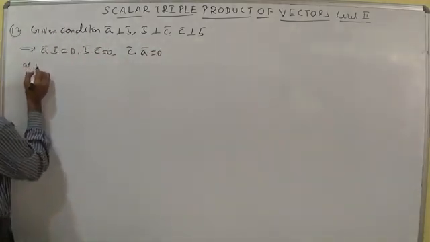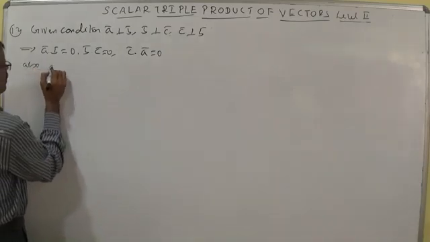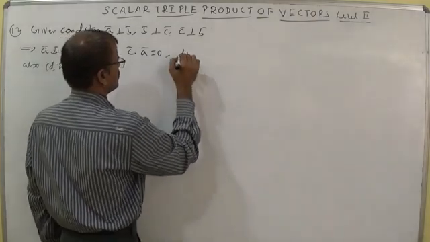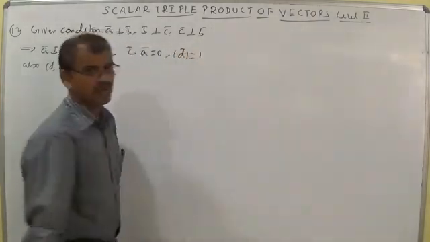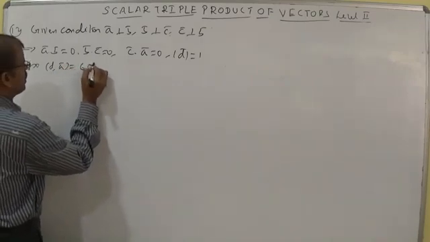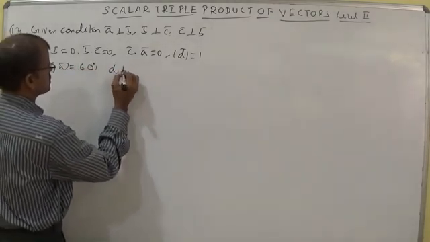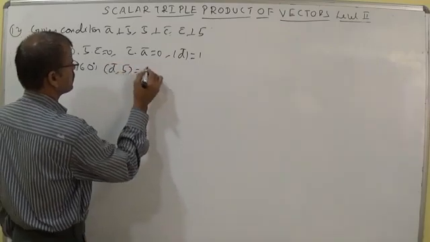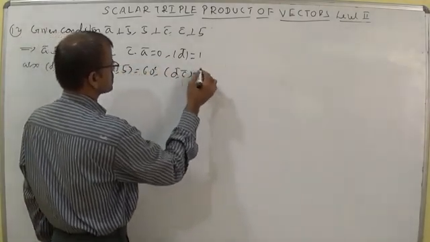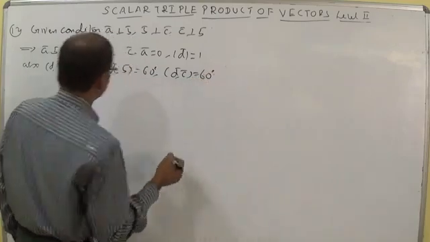This is the perpendicular condition. Also, D bar is a unit vector, so mod D is equal to 1. The angle between D and A is 60, the angle between D and B is 60, and the angle between D and C is also 60 degrees, as given.